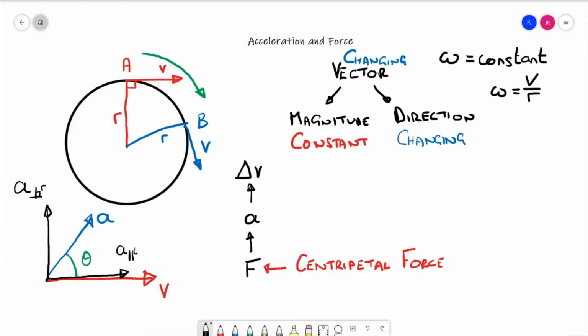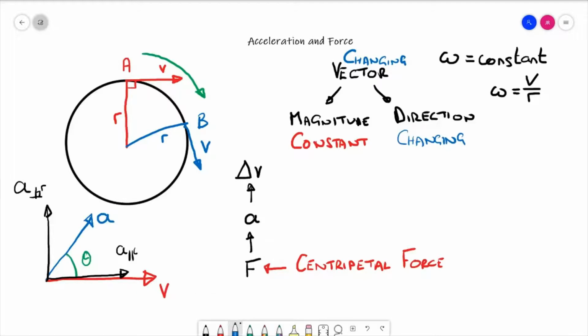So we've taken our acceleration vector and we're just looking at the two components, perpendicular and parallel, of that acceleration vector. In order to understand what's happening to the velocity, we first need to understand what each of these two vectors does and how it affects the velocity itself.